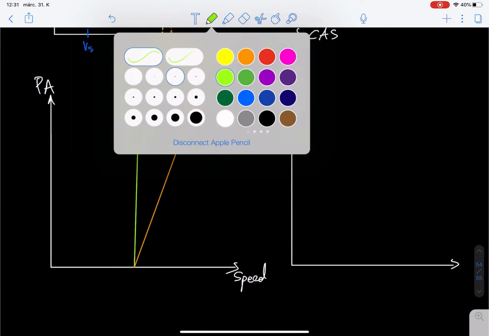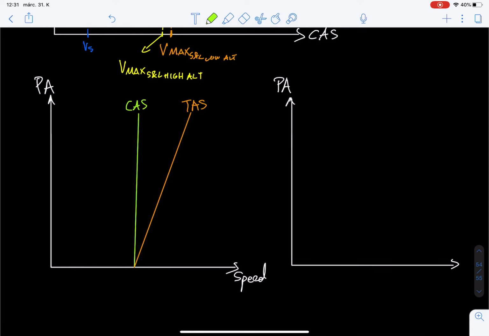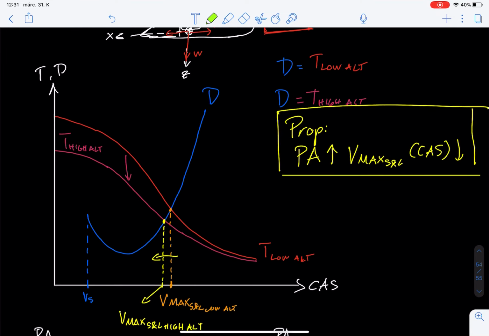In reality, the speed which we're able to maintain, the maximum straight and level speed, is actually going to be slightly decreasing. So it's not a straight line. It's going to be slightly decreasing as altitude increases, and there's a point after which it just declines very rapidly. I think it's visible, right?